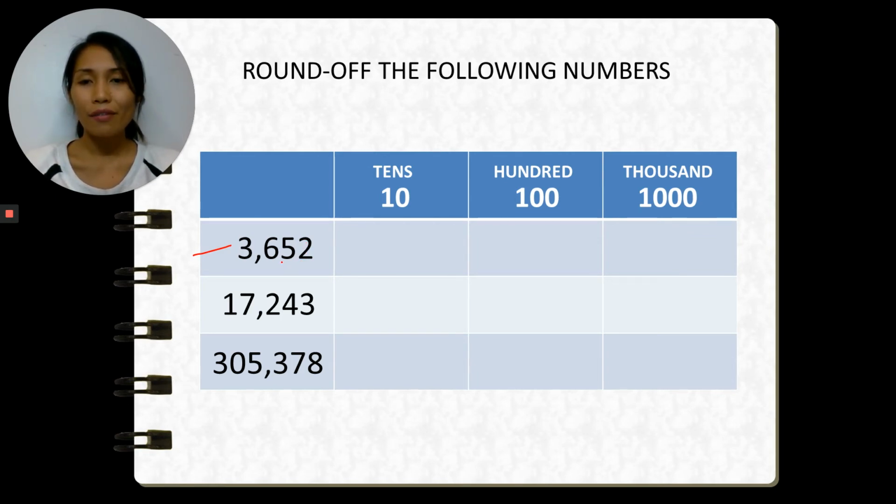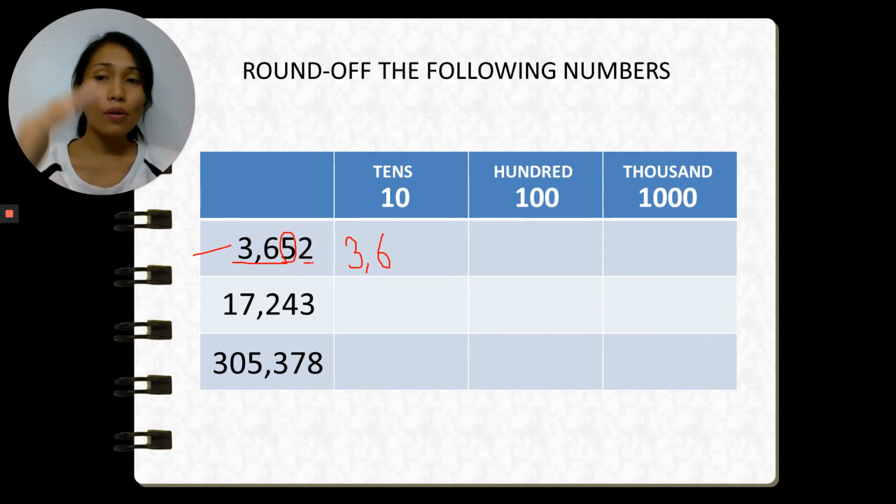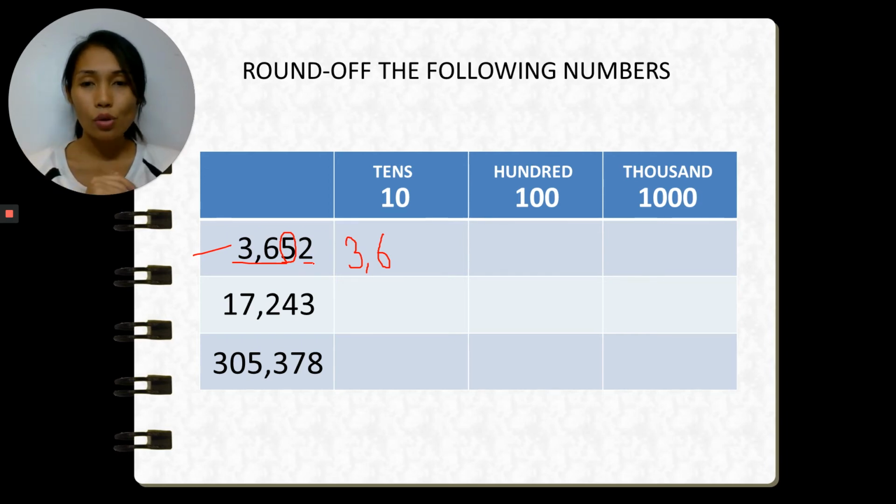Yeah, it's 5, of course. It's 5. So we will copy from 3,600. And then 5, look at the next number. It's 2, right? So are you going to round up or round down? You will round down. So you're not going to do anything with 5. Just copy 5. And then the next digit, make it 0.